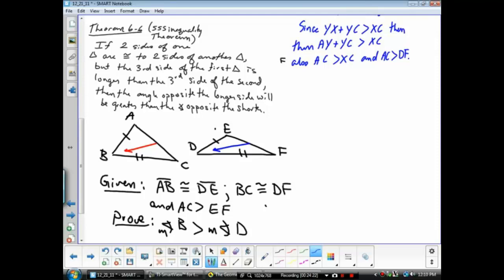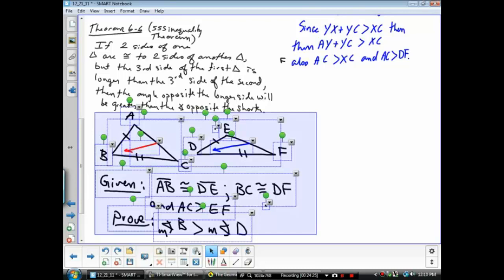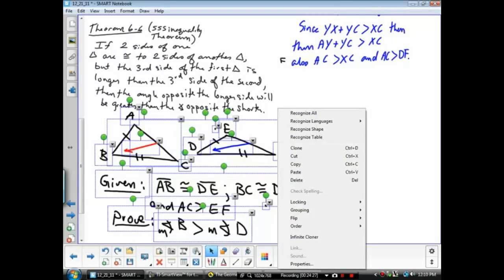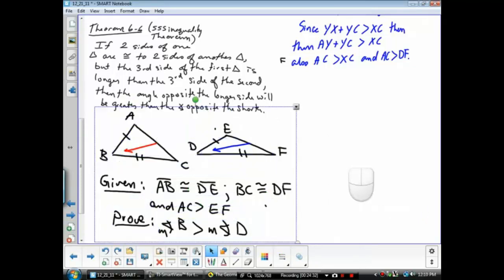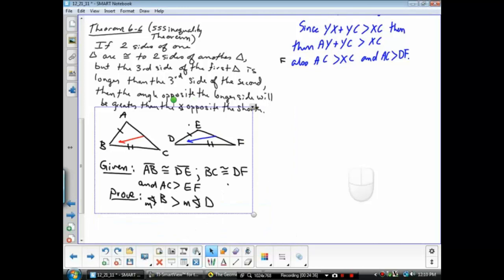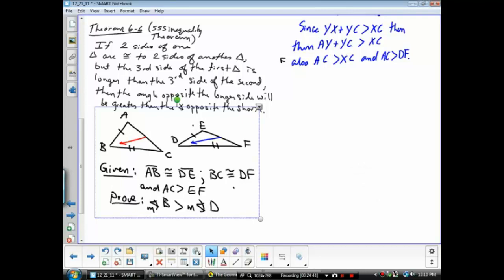So since we're doing an indirect proof, we're going to start by assuming the opposite of what we want to prove. What is the opposite of angle B is greater than angle D? Less than or equal to, yeah.